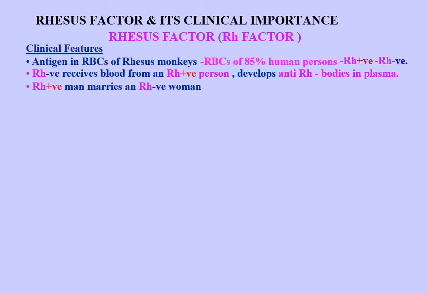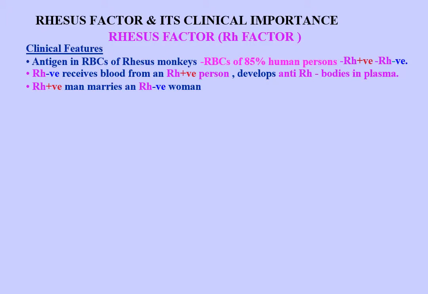When an Rh positive man marries an Rh negative woman, the fetus will be Rh positive. The first child will come without any complications, but during labor, some of the fetal Rh positive blood will pass to the mother's circulation.